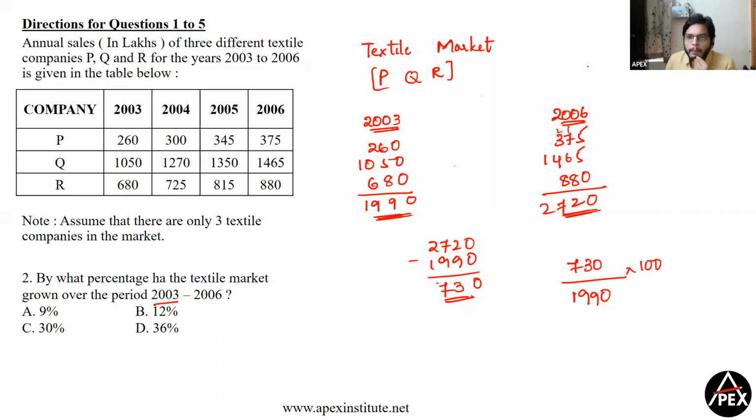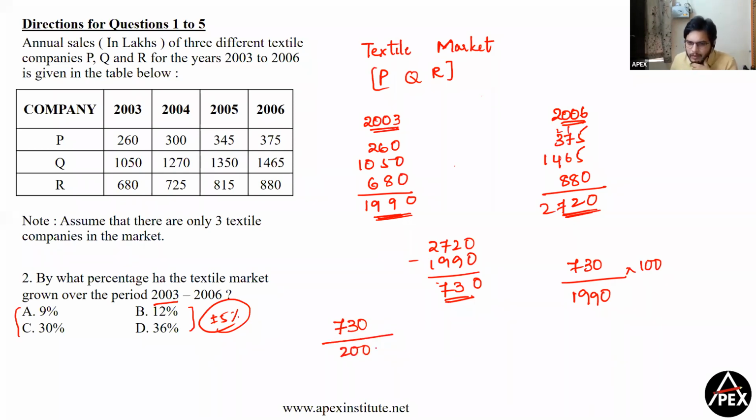Now, can we approximate this? Let's see. Before approximating, the only thing I check is whether the difference between any two percentages in the options is more than 5% or not. Now, 730 by 1990. I will consider 1990 to be 2000.